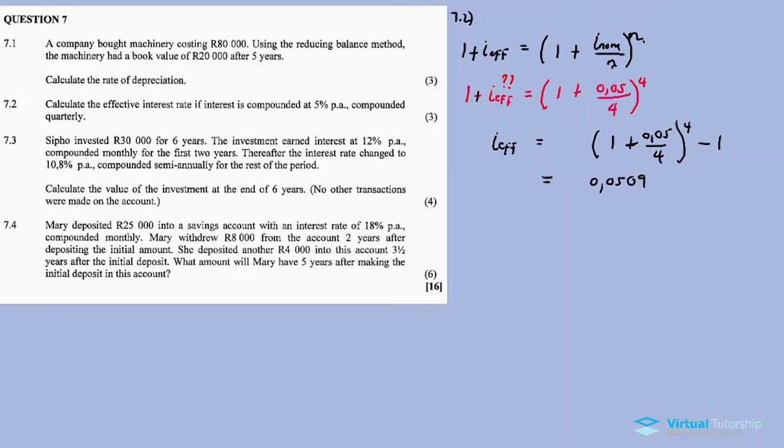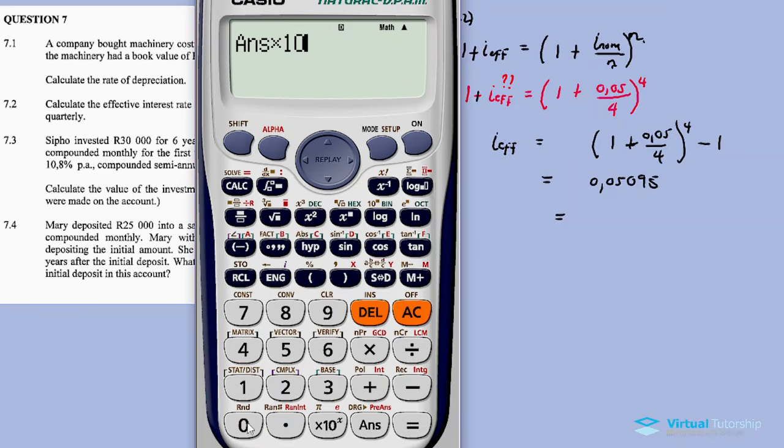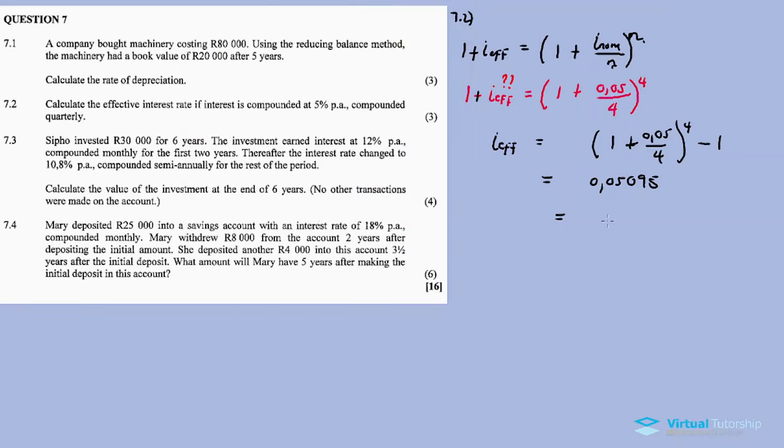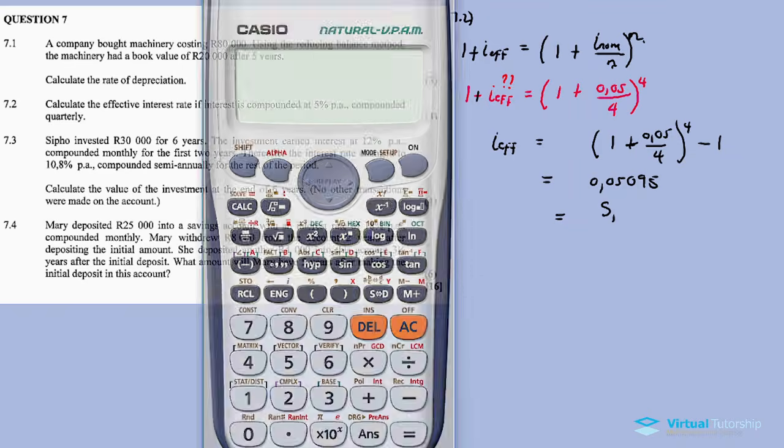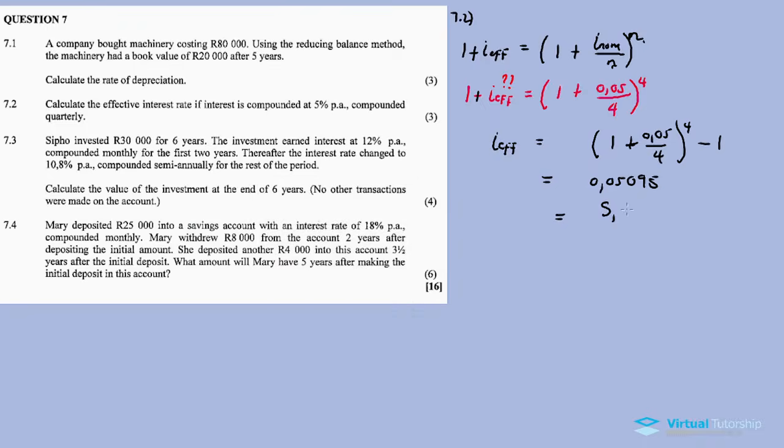Then times 100, so that we convert it to a percentage. 5.09%, about 5.1%, since a percentage is rounded to decimal places. So this is our answer. This is the effective interest rate.